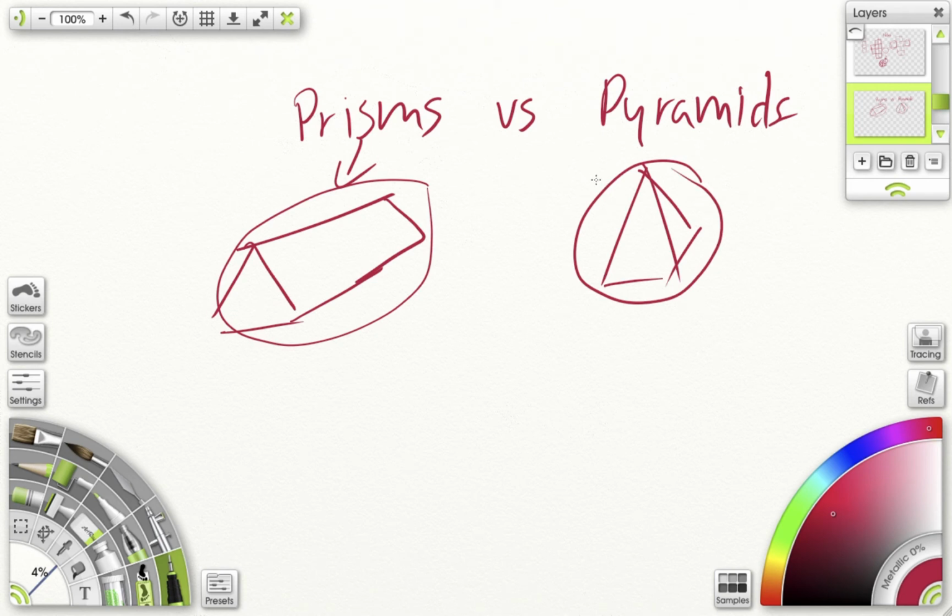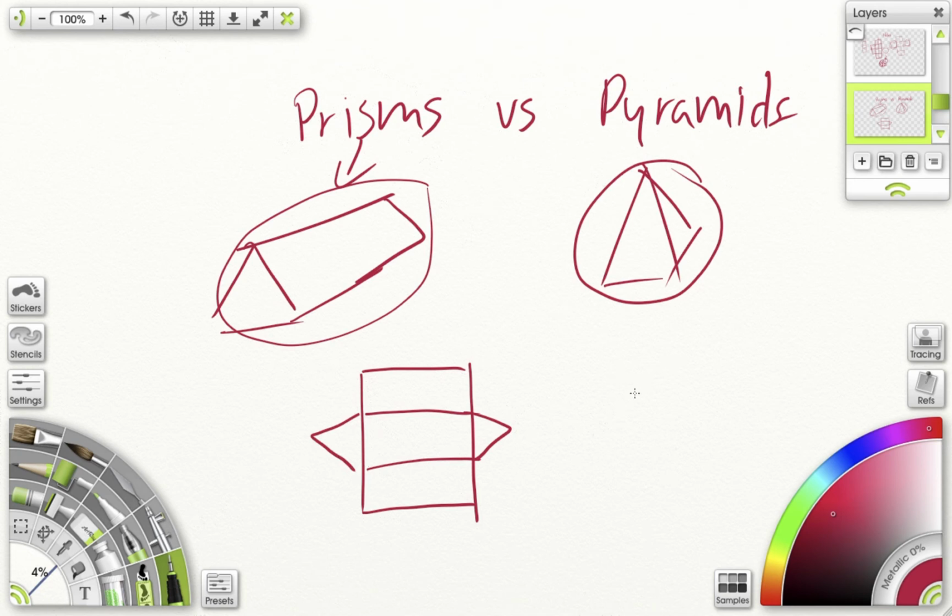We can identify our solid shapes and identify between pyramids and prisms fairly easily, but what if I only gave you the nets? So we have to figure out if this shape here is a prism or a pyramid.